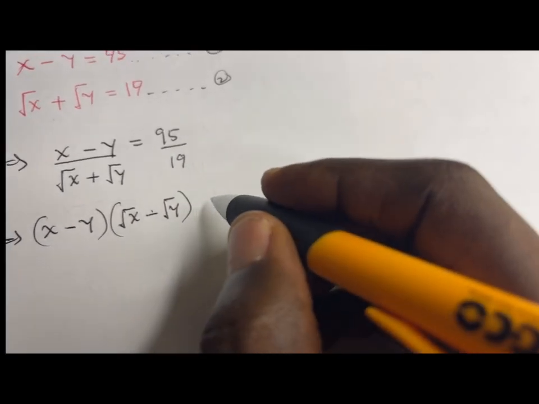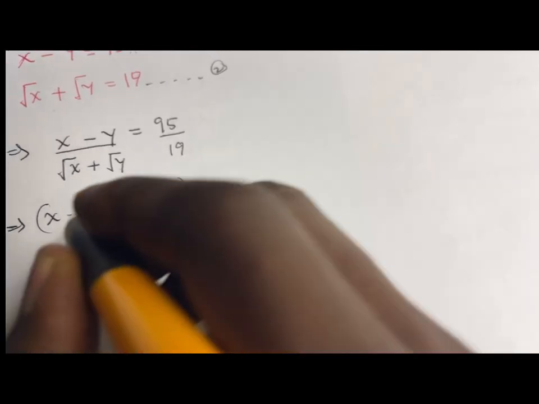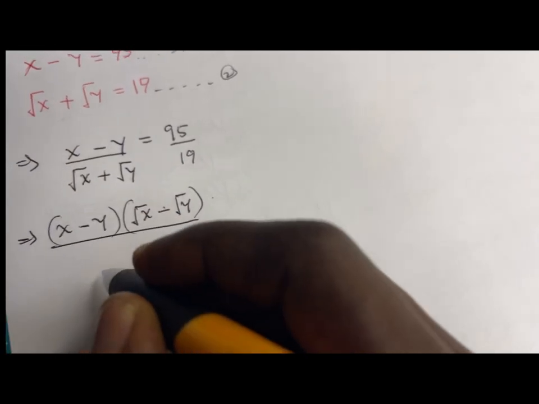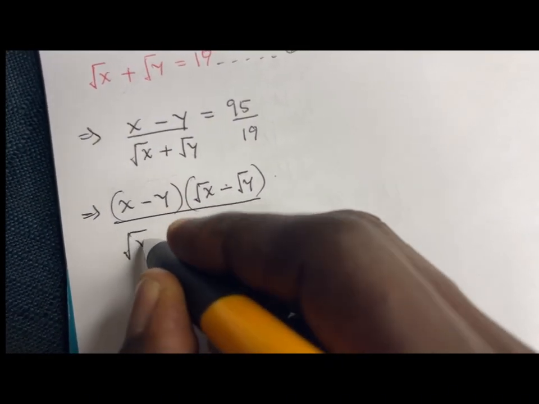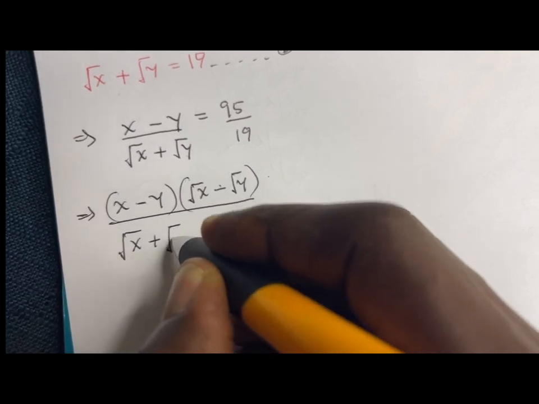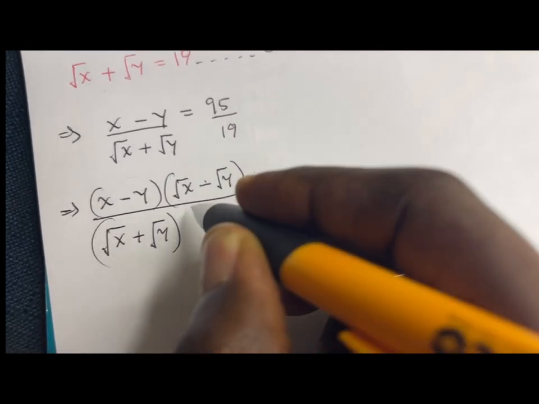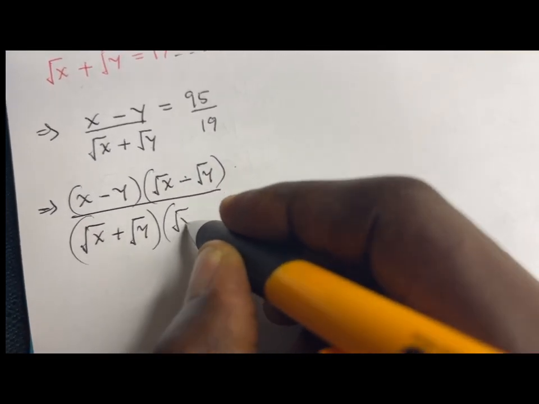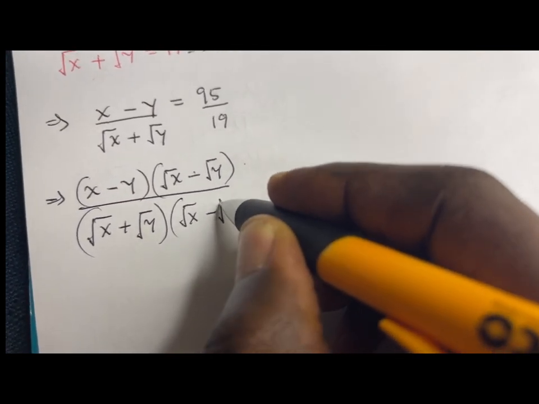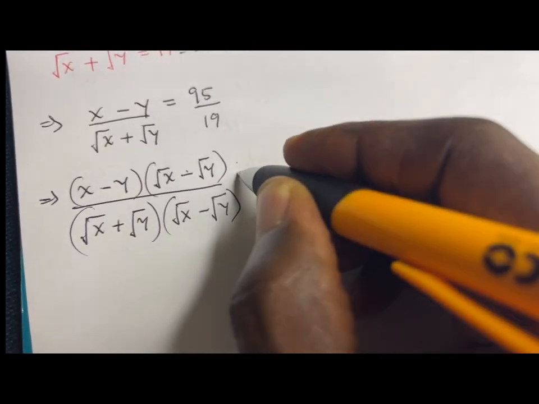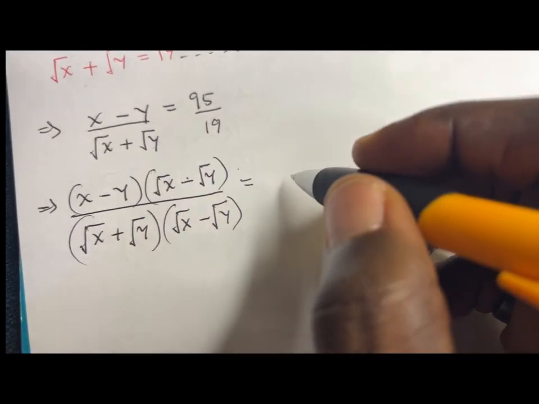The same thing we do for the downside: the root of x plus the root of y times the root of x minus the root of y equals, so this should give us 5.